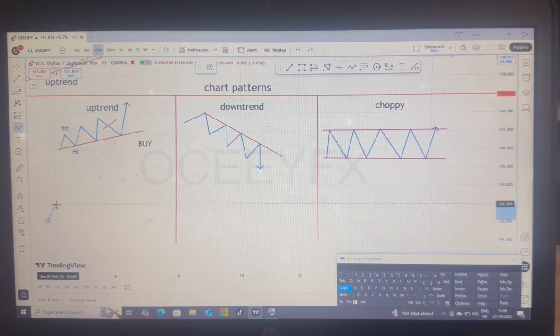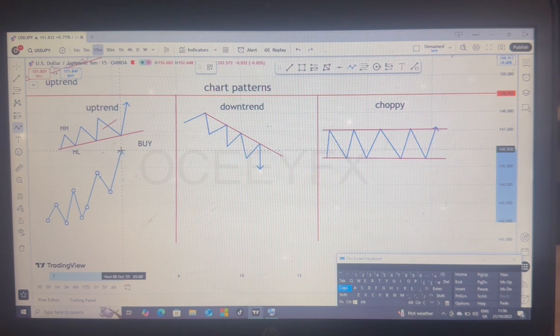The market can be in an uptrend: higher low, higher high, higher low, higher high. Then you are trying to sell. Your trade is going to come low since it's in the trend line. It might do something like this. It might just hit here and take off.